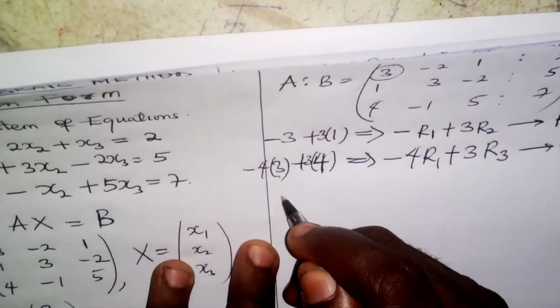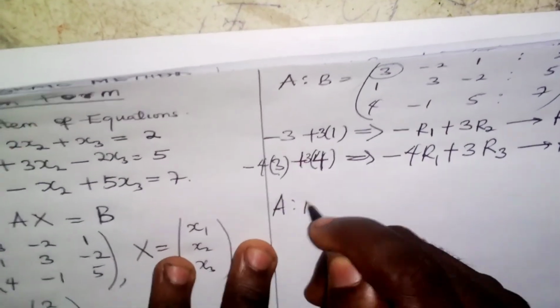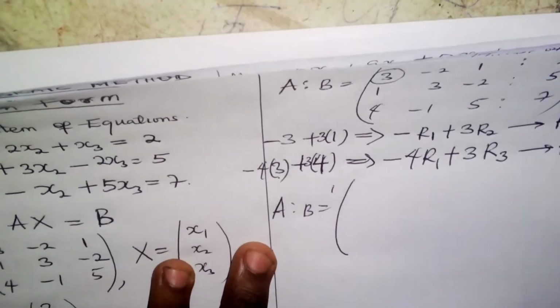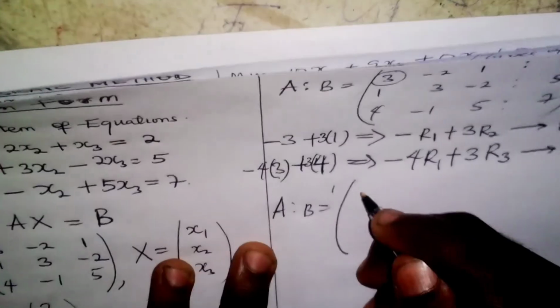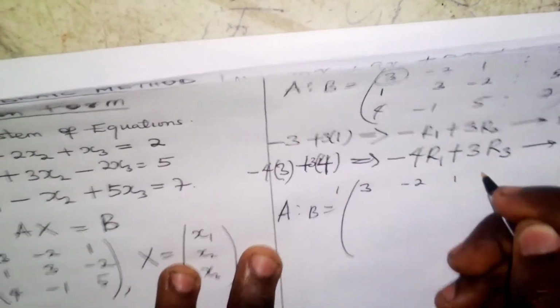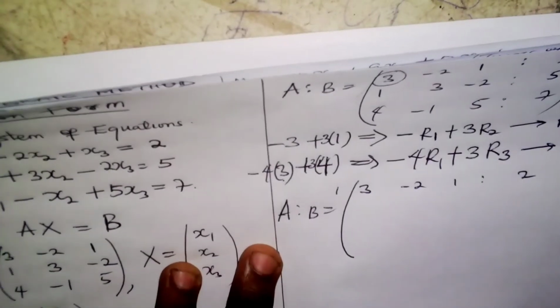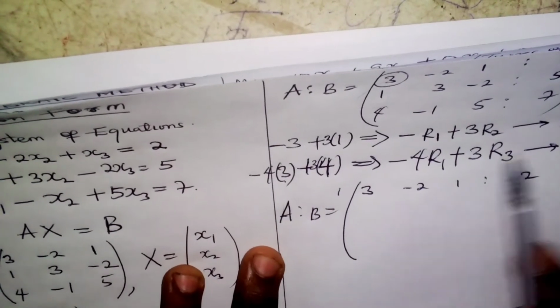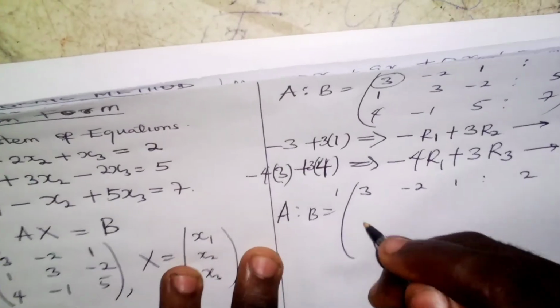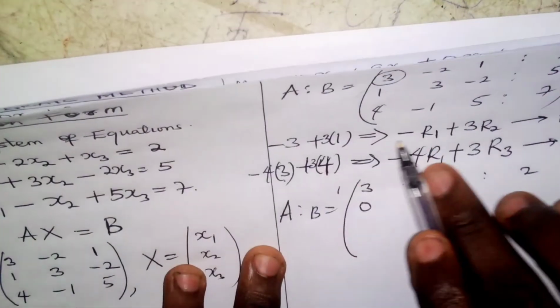Now to do that, we perform the operation. The only row that will remain fixed is the pivot row. Take note of that. Then every other one will change its form, because we are getting new row 2 and new row 3. And here becomes what? 0, if I apply this operation.